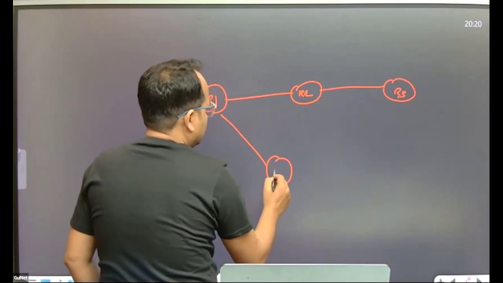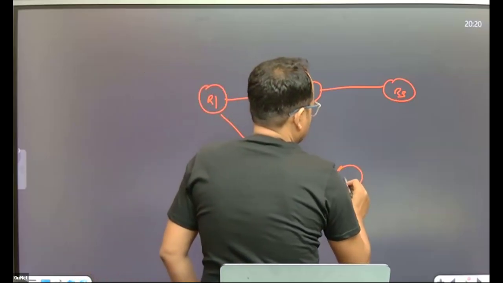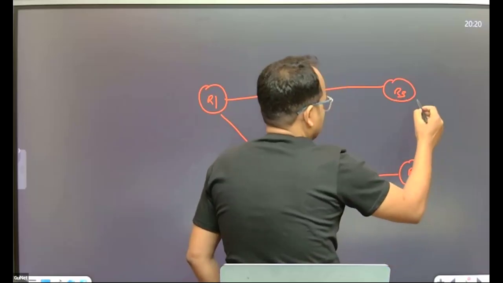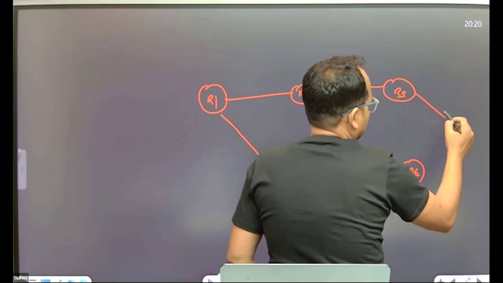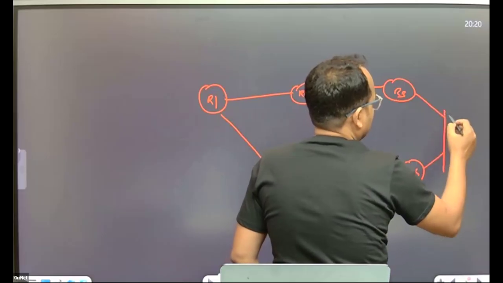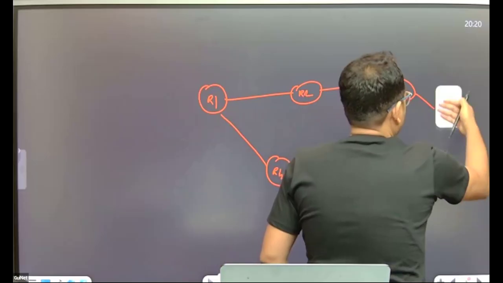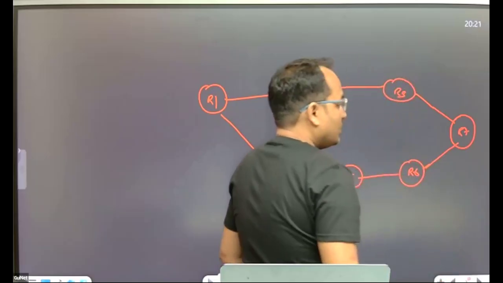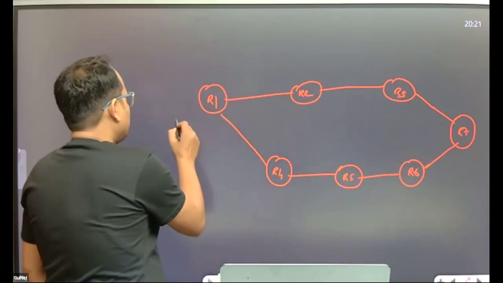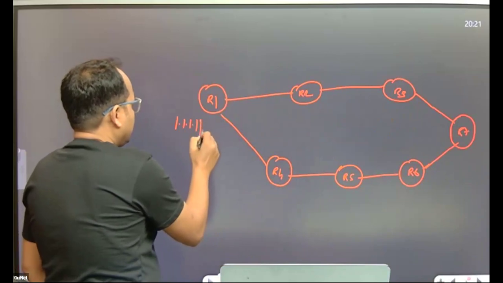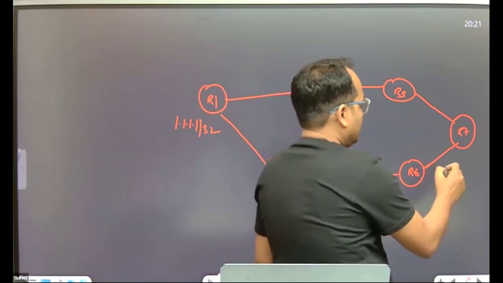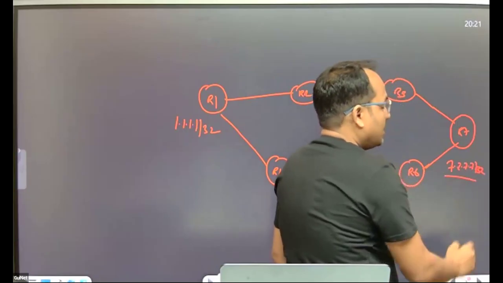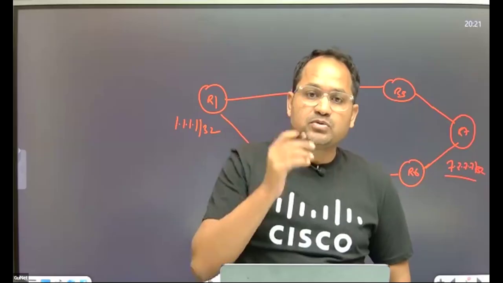The other path is R4, this R5, and this R6, and this R6 is further connected with one network. Or think about this as a router, not a network. Just think about this as another router, R7. So basically, to reach from this subnet to this subnet, could be 7.7.7.7/32, how is EIGRP going to use the calculation?